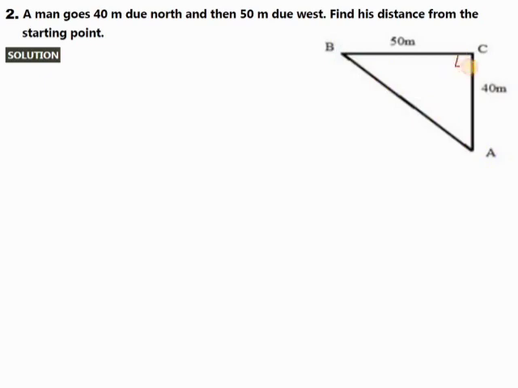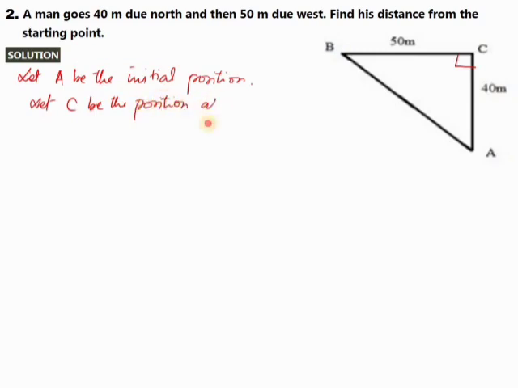Now if you look at this, this is again 90 degrees. Okay, so let A be the initial or starting position. Let C be the position after moving 40 meter due north.